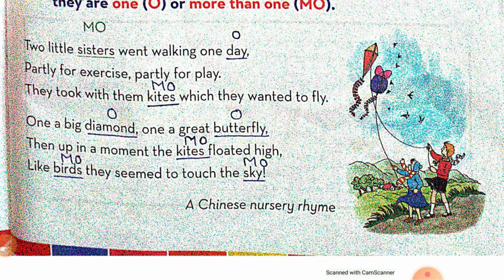Won a big diamond. Diamond is only one in number, means it is singular. So write O above it. Won a great butterfly. Butterfly is singular noun. So you should also write O. Then up in a moment the kites floated high.